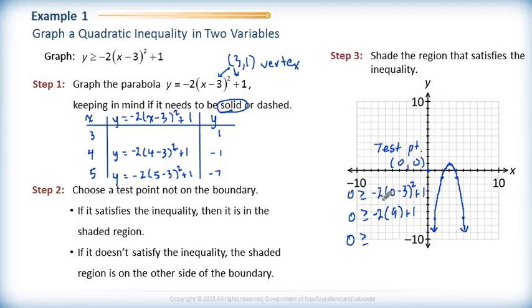So when I do that, I've got negative 2 times (0 minus 3) squared plus 1. 0 minus 3 is negative 3, squared, I get positive 9, times negative 2 is negative 18, plus 1 is negative 17. That's a true statement. Therefore, (0, 0) is in the shaded region.